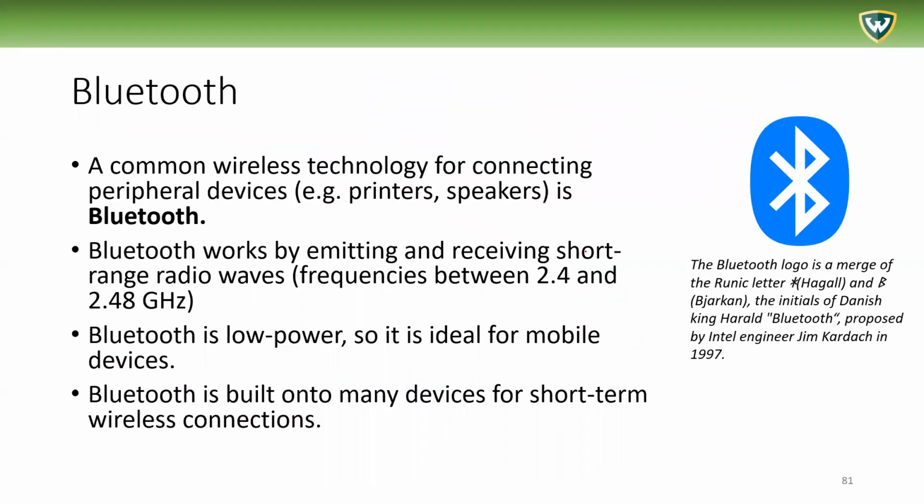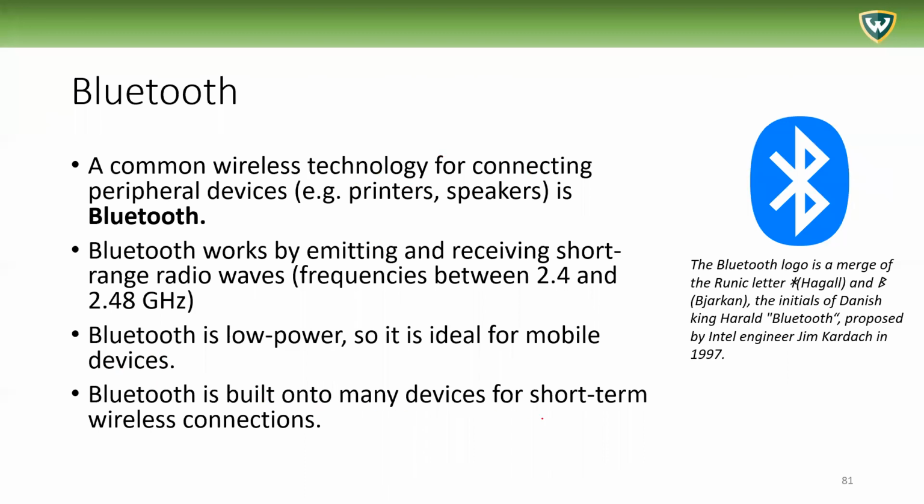Bluetooth. Bluetooth is a common wireless technology for connecting peripheral devices like printers and speakers to a host unit. Bluetooth works by emitting and receiving short-range radio waves, frequencies between 2.4 and 2.48 gigahertz. So it's actually kind of fast, but it's for short-range transmission. Bluetooth is low power, or relatively low power, so it's ideal for mobile devices.